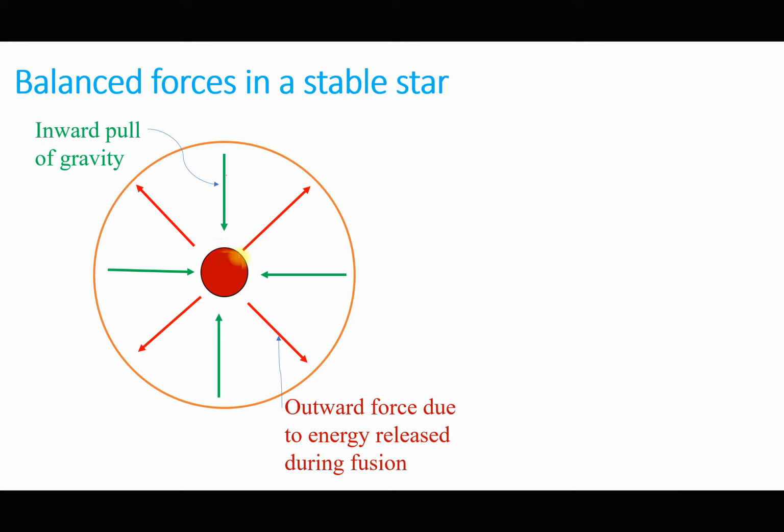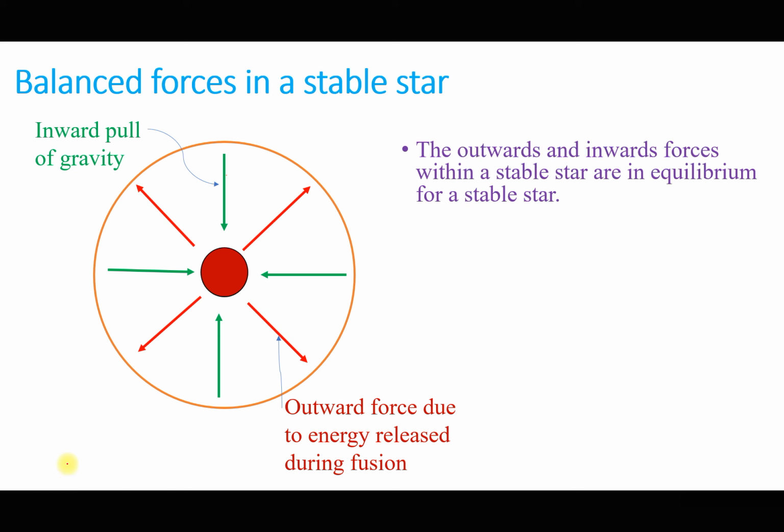The heat energy now makes the core extremely hot and fusion reaction can be initiated. Once fusion reaction is initiated, the outward forces due to the energy released during fusion can now come into play. And the outward and inward forces within a stable star are in equilibrium.